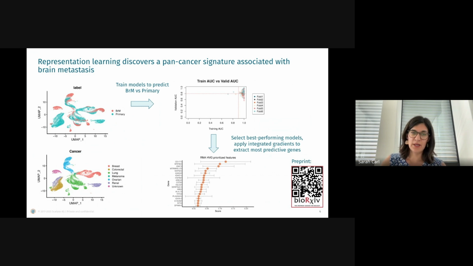If we wanted to dig into one individual sample, maybe one that was mispredicted, and understand why it was predicted that way, we could also do that, but here we're mainly interested in defining a set of genes that's common across samples. By the way, if you're interested in reading more about these results in detail, you can scan the QR code here to access our preprint on bioRxiv.